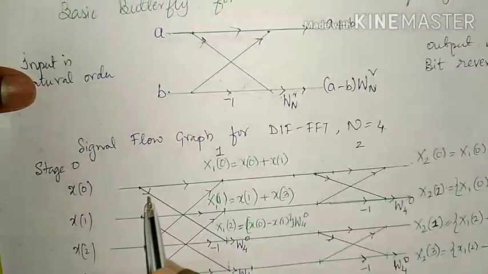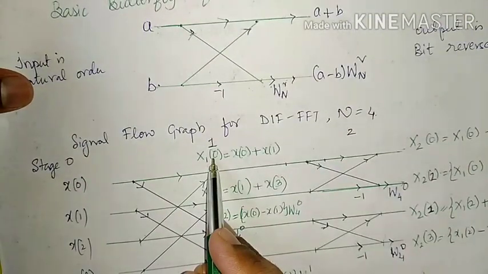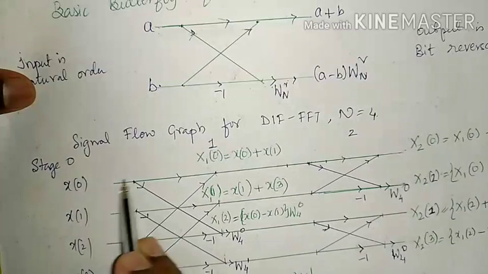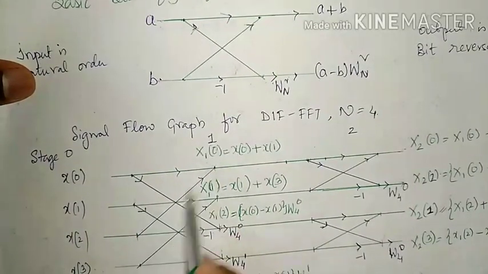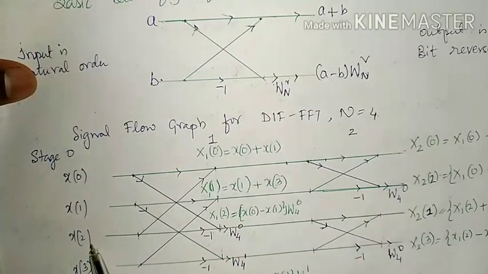So let's see how to calculate x1 of 0. x1 of 0 is x of 0 plus x of 2.